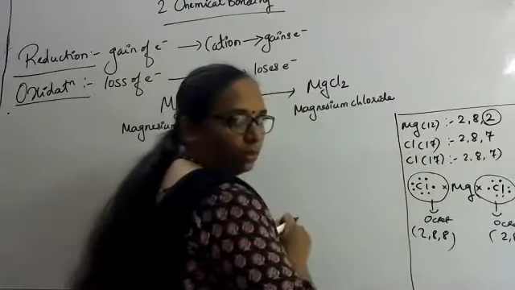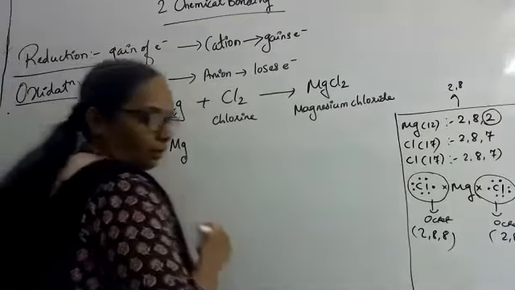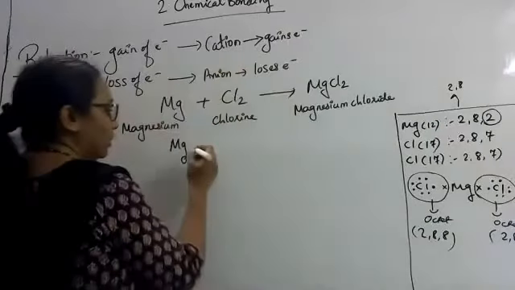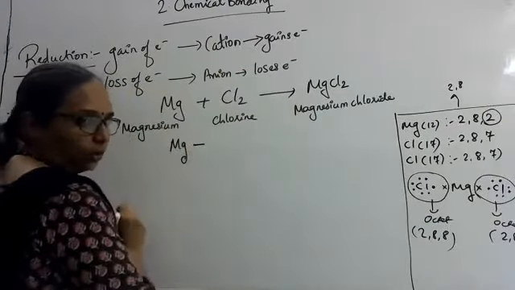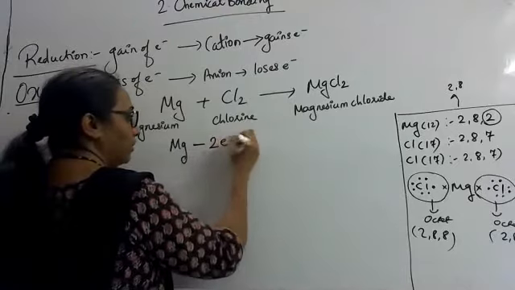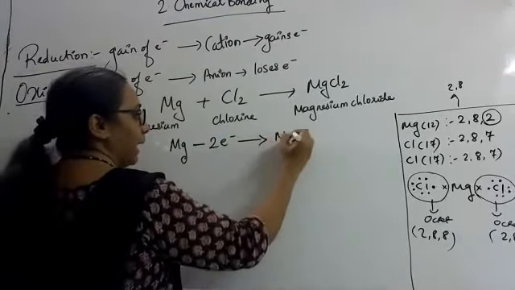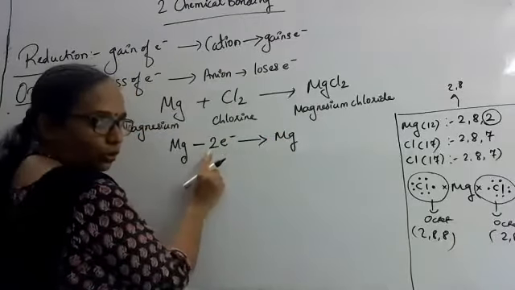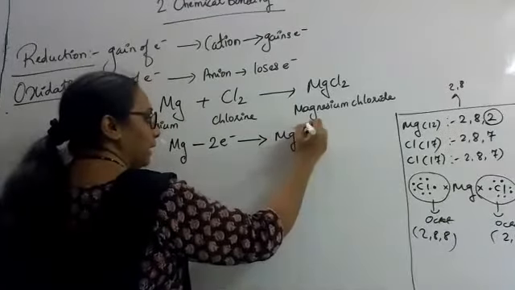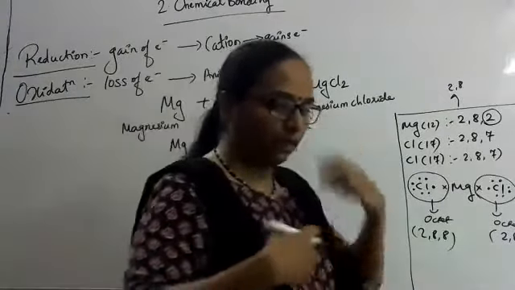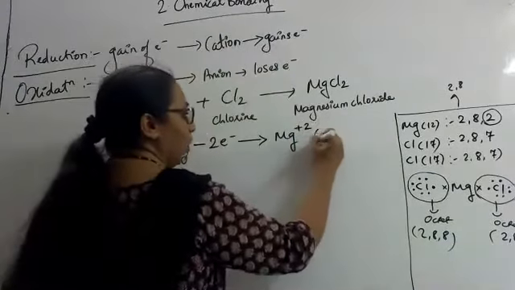Magnesium has donated 2 electrons, so it becomes 2, 8. Magnesium is donating 2 electrons, therefore minus 2 electrons, so it will form Mg. How many electrons are lost? 2. So we will write here +2. So this magnesium has undergone oxidation.